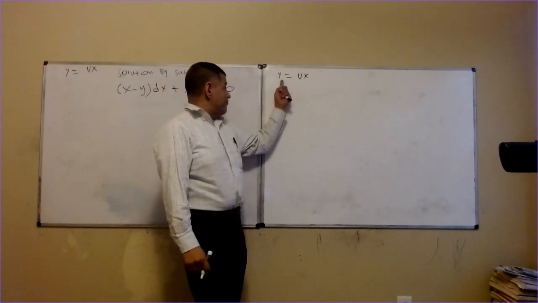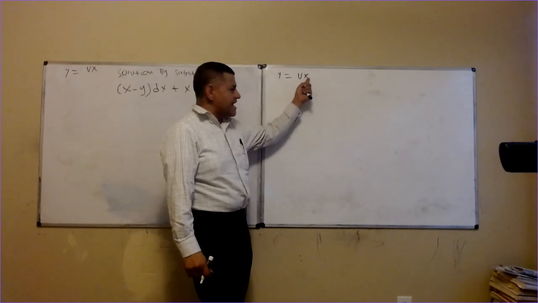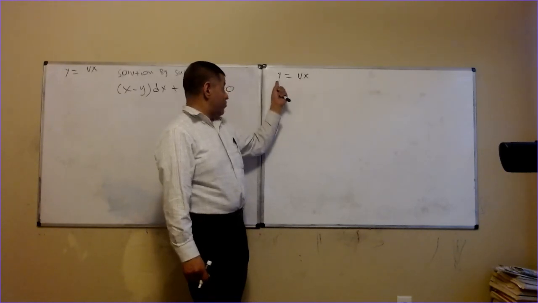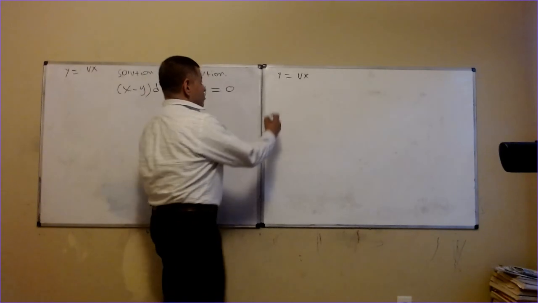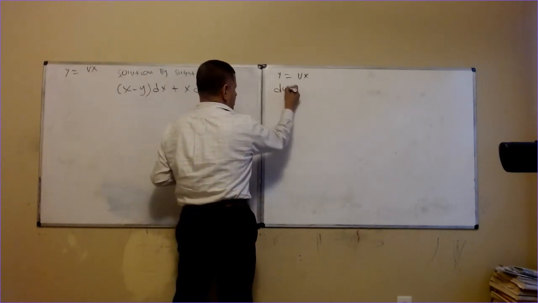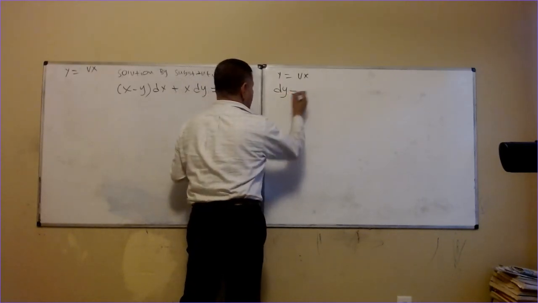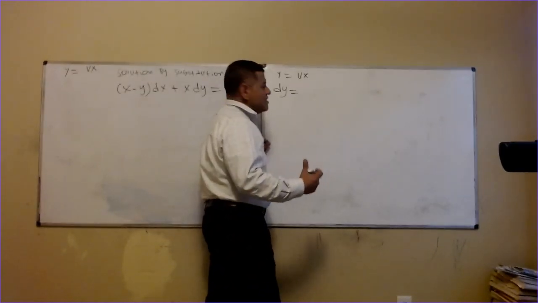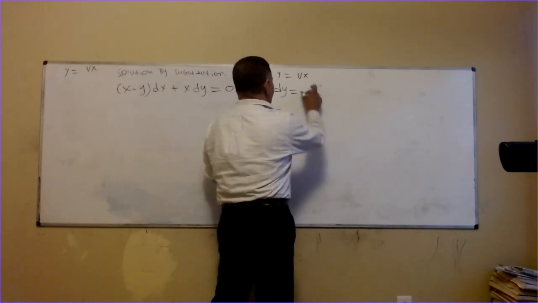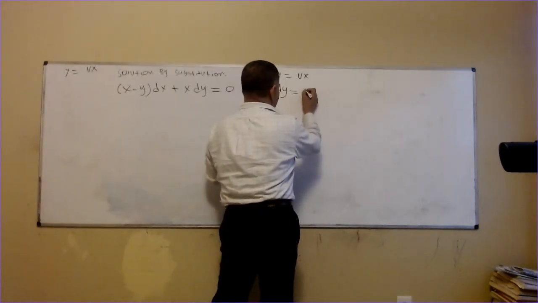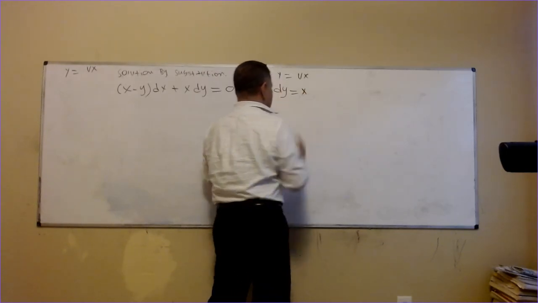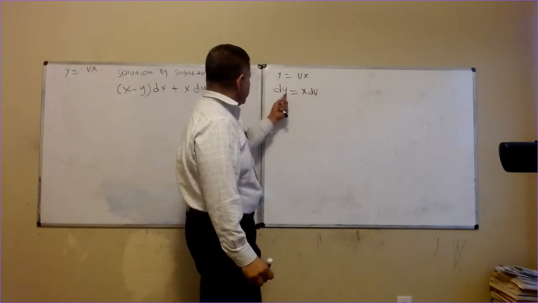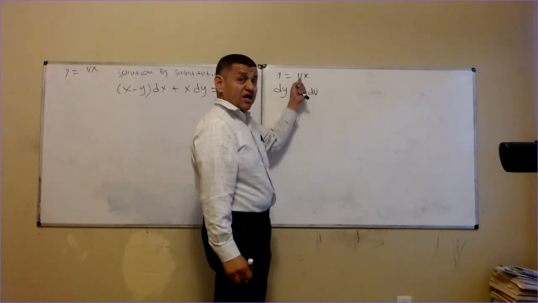On the left side, the derivative of y is dy. On the right side, the derivative of v times x: if I take the derivative with respect to v, x is treated as a constant, so I get x dv.